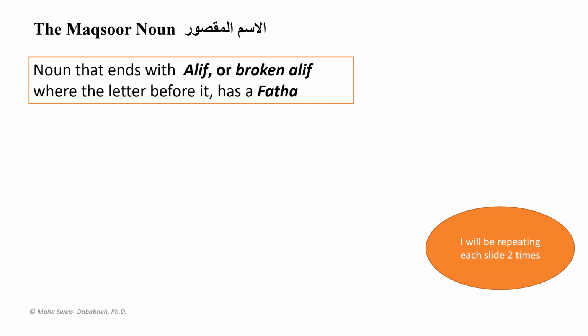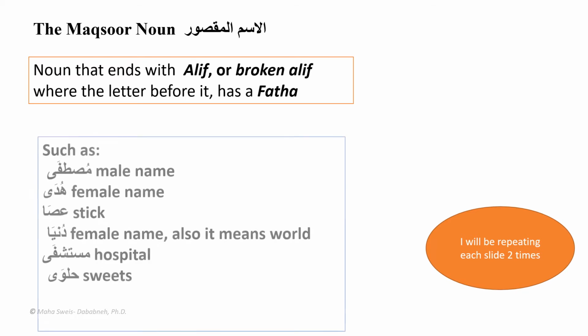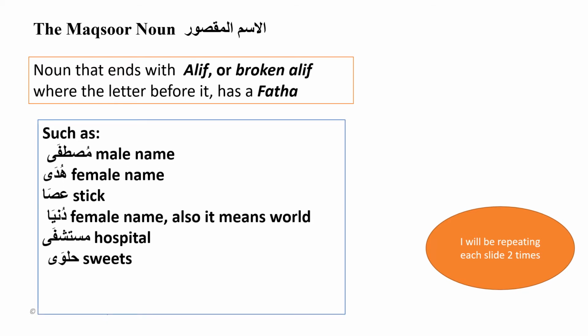الاسم المقصور is a noun that ends with ألف or broken ألف, where the letter before it has a فتحة, such as مصطفى, هدى. Look at the حركات before broken ألف or ألف. The first one مصطفى, there's فتحة on فا.